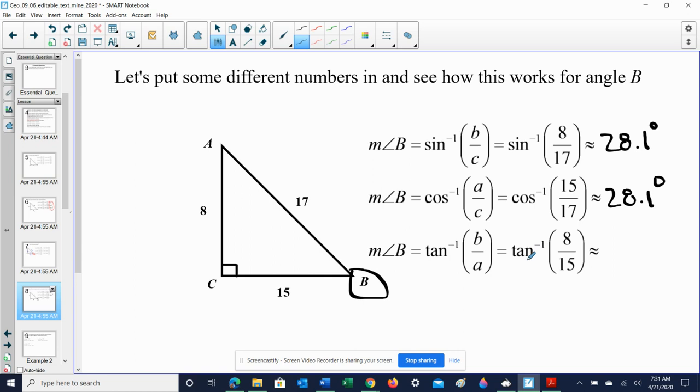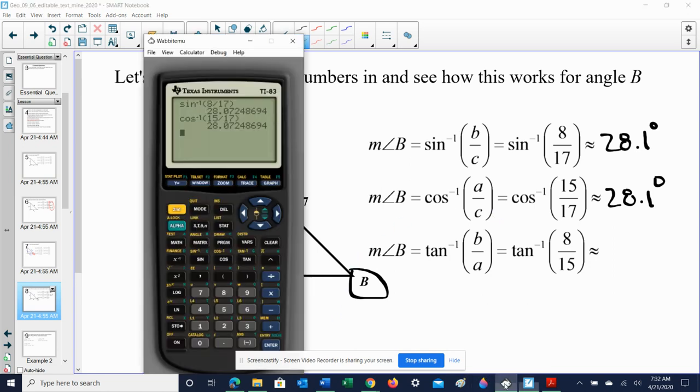And I assume at this point you're going to figure out that I could have used a tangent as well to get that 28.1 degrees. Second, tangent. Tangent is opposite over adjacent, 8 over 15. And of course I get 28.1 degrees.